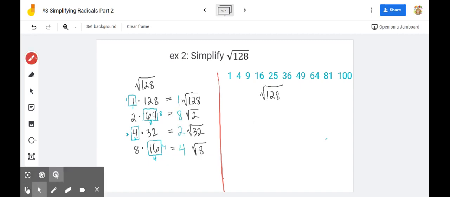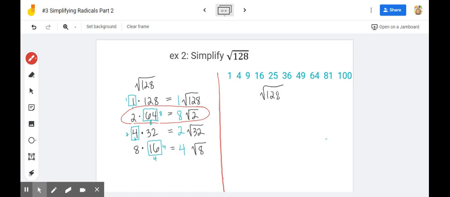So out of all of these multipliers or these factors, there's only one that is the most simplified. And notice it uses the largest perfect square that we had, which was 64 times 2, because 64 was 8 times 8. So that is the most simplified version.